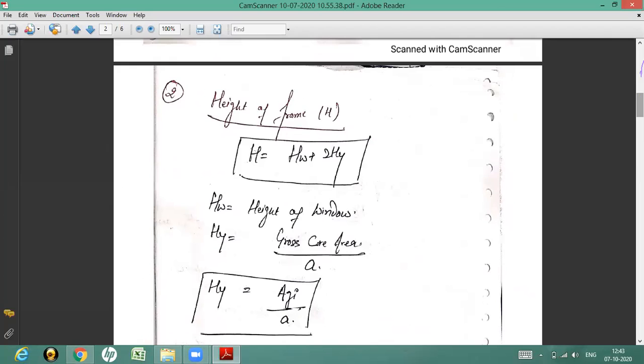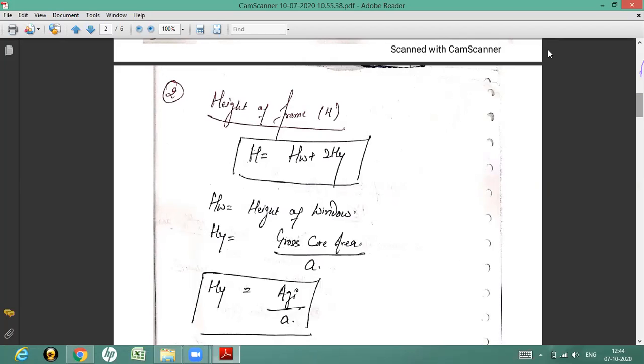And this height of the frame is given by the relation, that is H is equal to HW plus 2HY, where this H is called the height of the frame, HW is called the height of the window, plus twice the height of the yoke. That is, height of the yoke is HY, and this HY is equal to gross core area upon A.